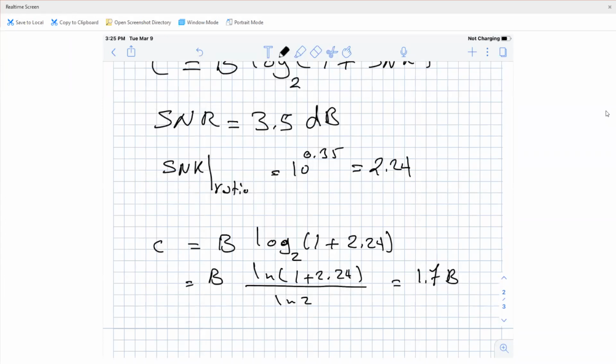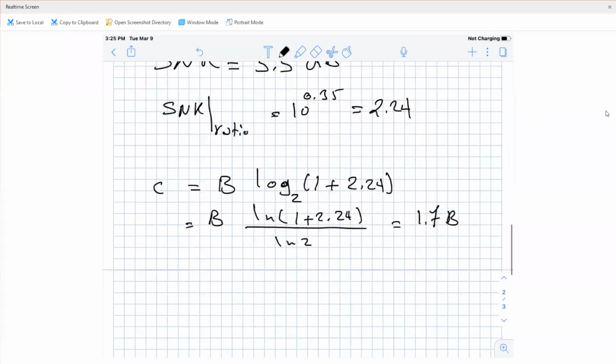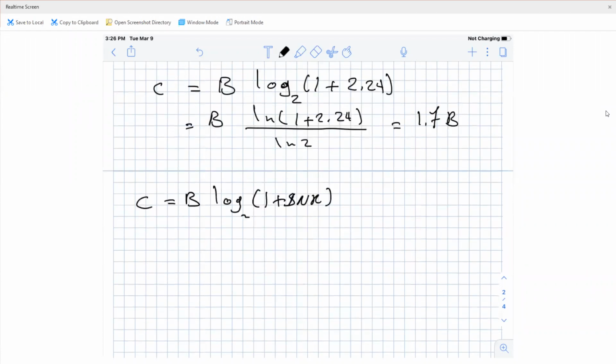Based on the same assumption, again we follow the same formula: C equals B log base 2 of 1 plus SNR. Now the transmission rate becomes 3B equals B log base 2 of 1 plus SNR. Of course, SNR is unknown, so the B on both sides is cancelled, and here we are left with log base 2.